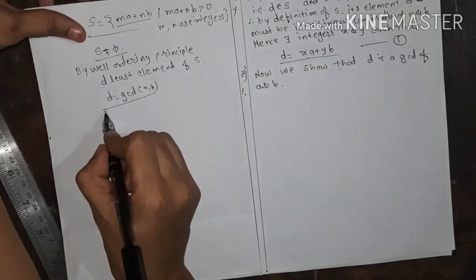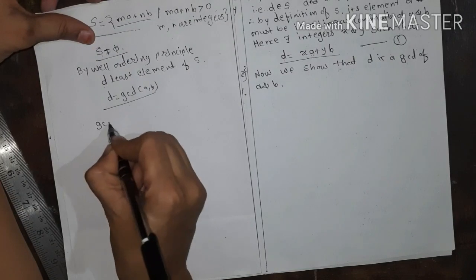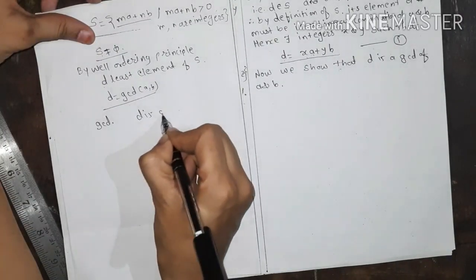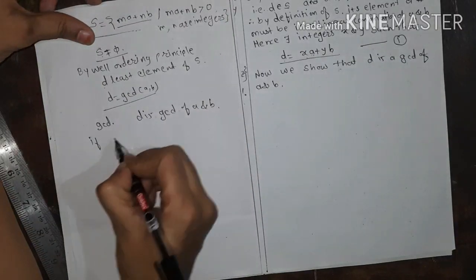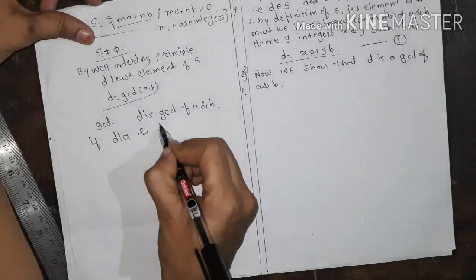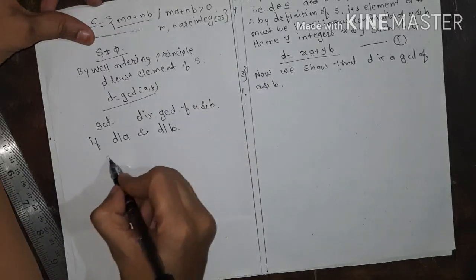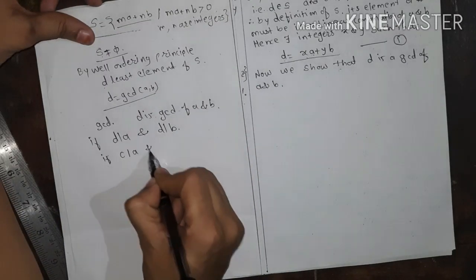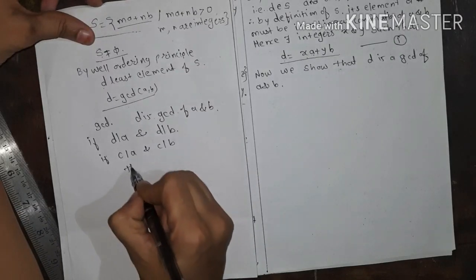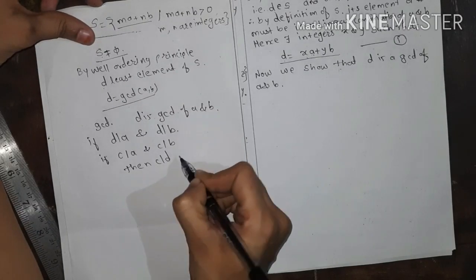So we recall the definition of GCD: d is GCD of a and b if d divides a and d divides b, and if there is a c such that c divides a and c divides b, then c divides d.